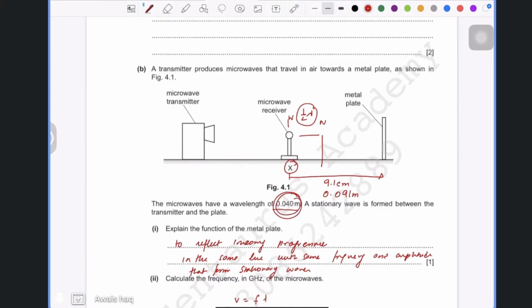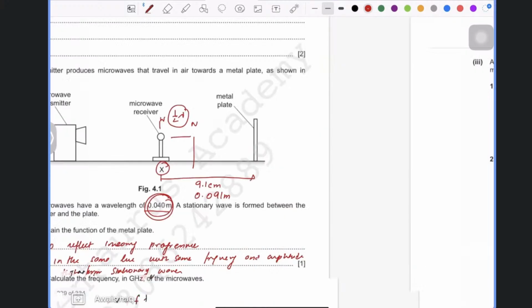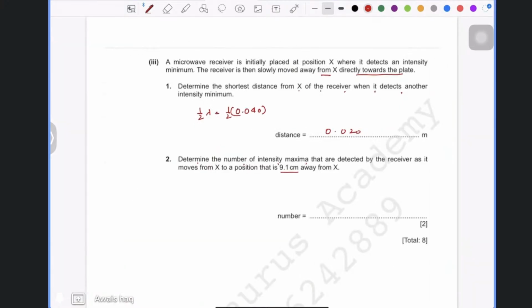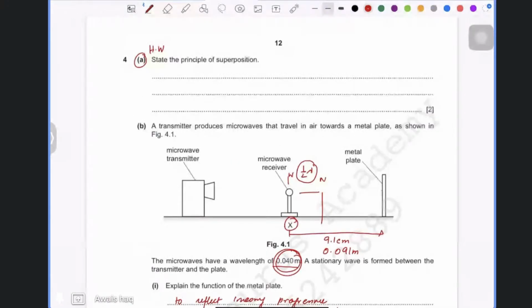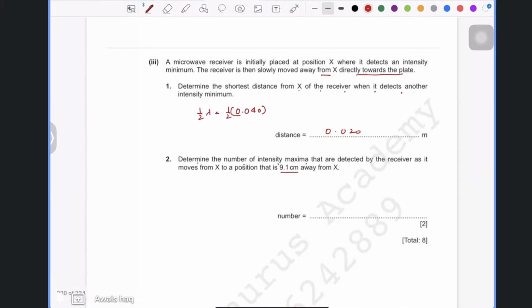So every time a node will be formed, so there will be a node, and at the end it will also be a node, like that. So let me just do it here like this. So at X it says determine the number of maxima that are detected by the receiver as it moves from X to Y. Fine. So minimum to minimum, node to node distance is this. And if one node to node distance is 0.020, then how many node to nodes will be there in 0.091?